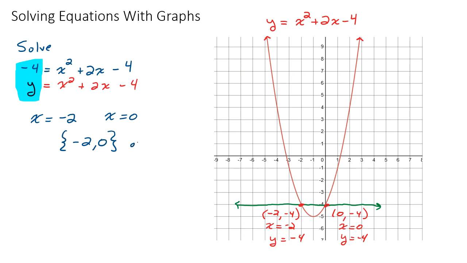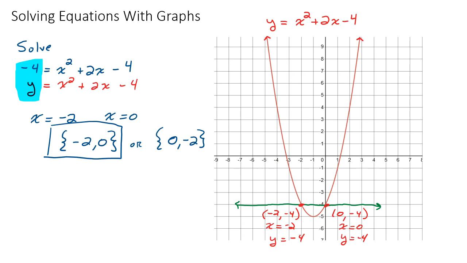The order doesn't matter. This is not an ordered pair. This is a listing of values that are solutions to the equation. If there were three solutions, you could list all three solutions. Generally, we list them in order from least to greatest, but technically both ways of writing it would be correct.